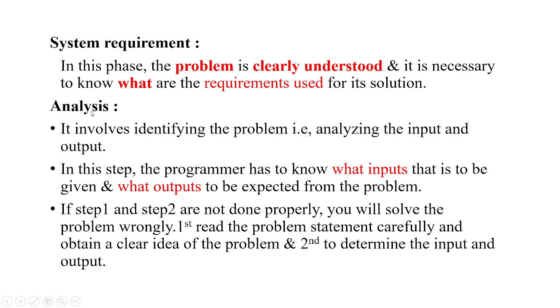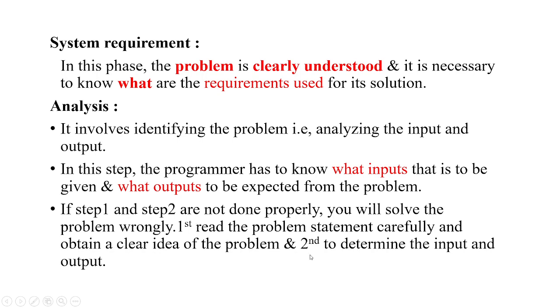The second thing is analysis. So the problem is clear. In this phase, we are going to know what input should be given to the problem or to the program, and what output is to be expected from the problem. That is, in analyzing, we are going to identify the problem by analyzing what input and what output is to be expected.